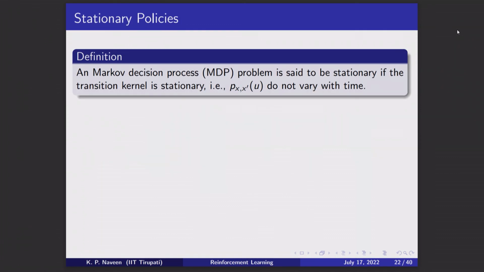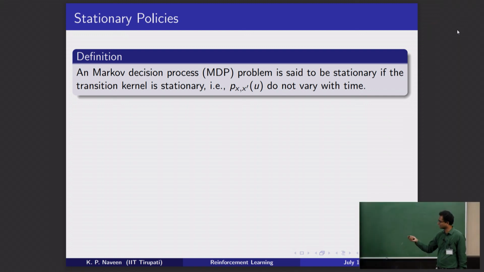Now before proceeding further, a couple of definitions that I would like to talk about, very important in this theory of MDPs. First I want to talk about stationary policies. An MDP problem is said to be stationary if the transition kernel is stationary.